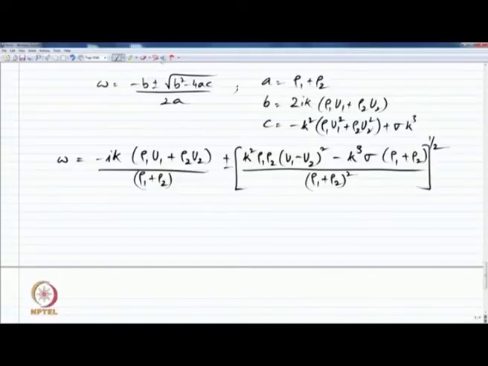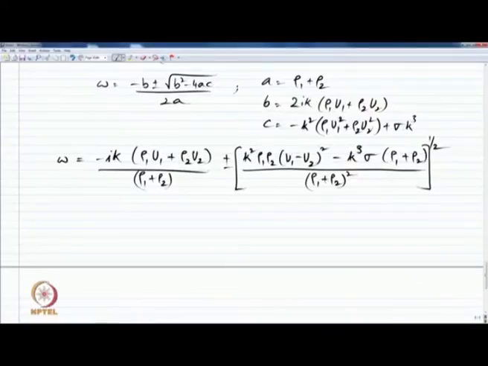Now, you notice that we remarked that if the real part of omega is positive, that is when you are likely to have an unstable perturbation. So, in this situation, if you notice the first part here is purely imaginary, which means this part can never be real. All the real part can only come from the discriminant under the radical.